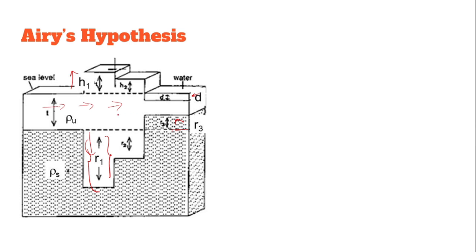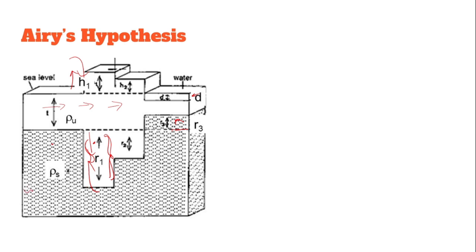Now the bigger question here is how deep this root should be to compensate the thickness of this mountain above mean sea level. So this was a very simple derivation based on the Archimedes principle again, that if we are saying that these blocks are in isostatic equilibrium, they must be having the same pressure at the same elevation. A very simple concept.